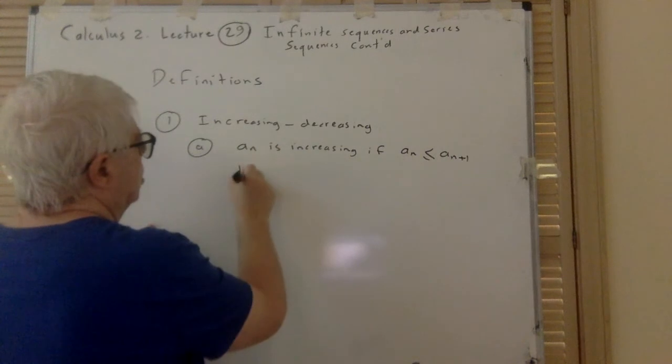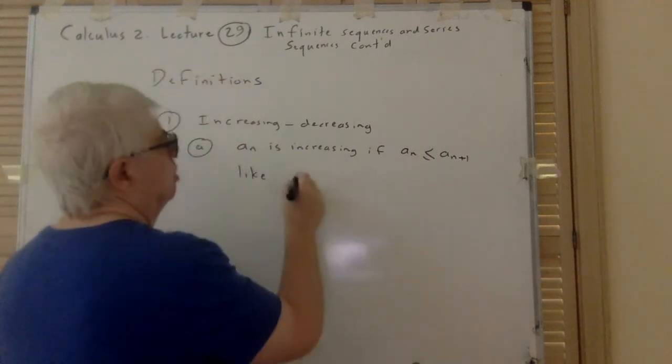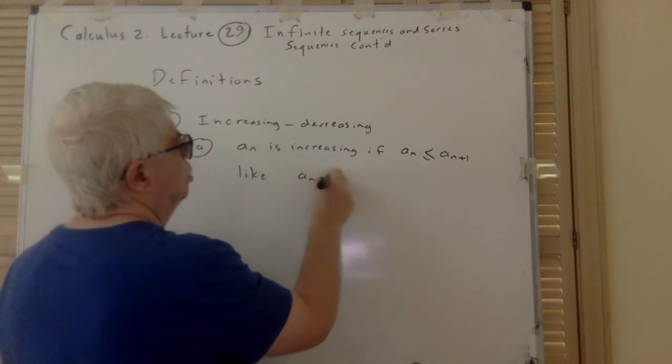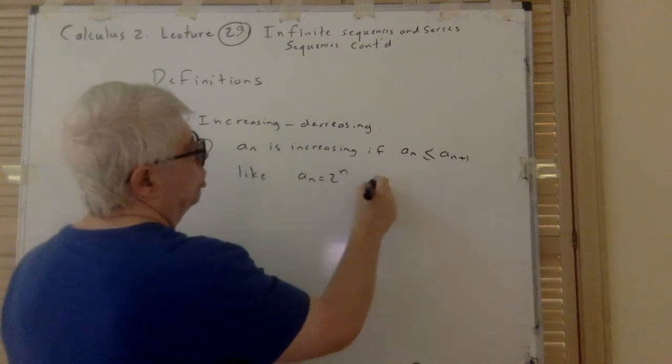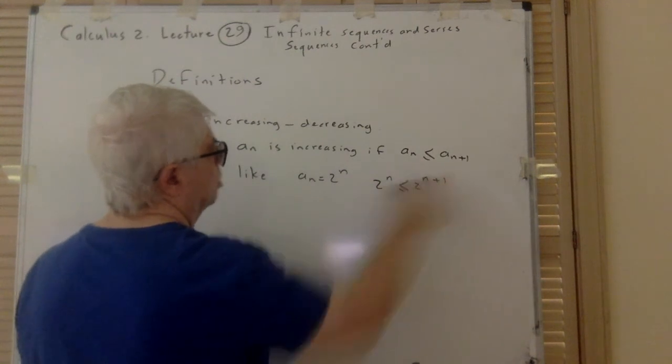For example, a_n equals 2 to the power n, since 2 to the power n is less than or equal to 2 to the power n+1.